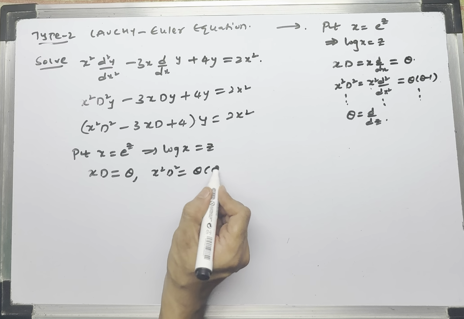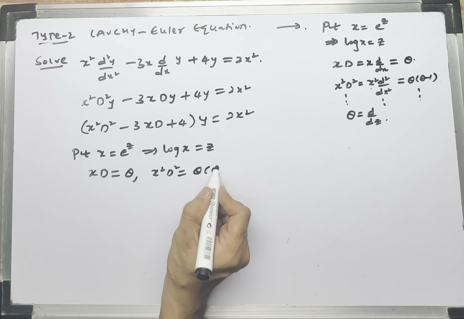Same formula what we have done: 1 by D minus a whole power r into e power az equals x power r by r factorial into e power ax.